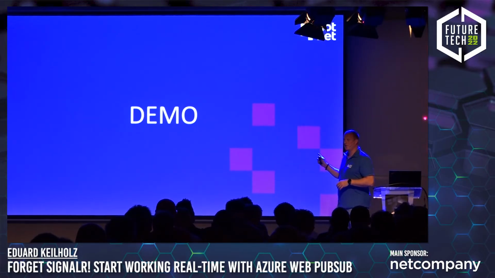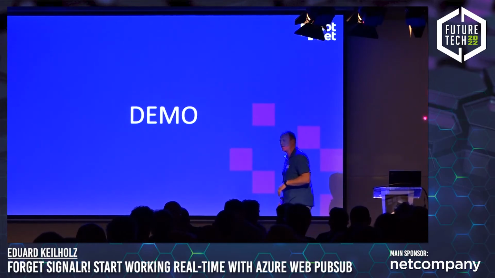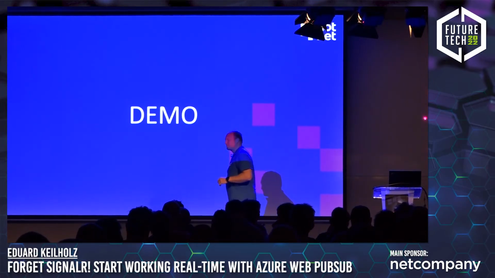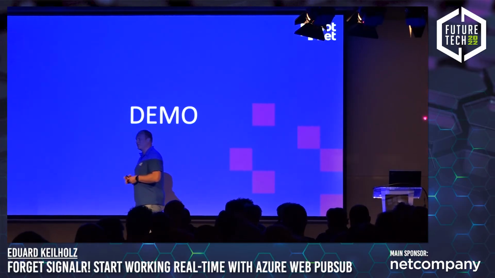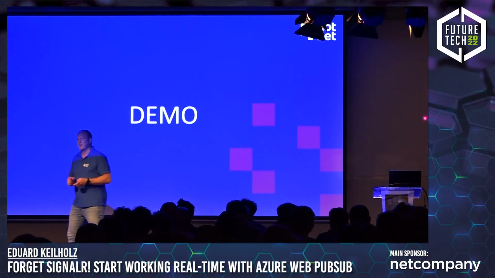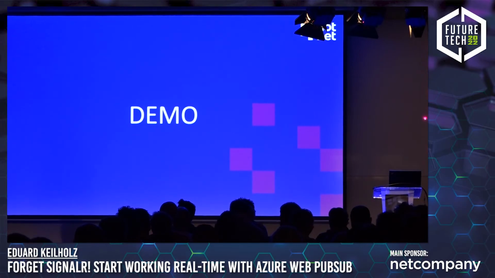But Web PubSub has some advantages if you're not with 150 people in a room trying to fool the speaker. And if these advantages fit your scenario, then go ahead and investigate Web PubSub, because it's really fun, it's really fast, and you can make awesome stuff with it. But you simply don't have to move away from SignalR if you have that situation already in place.